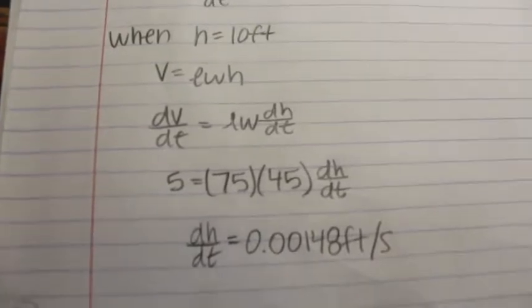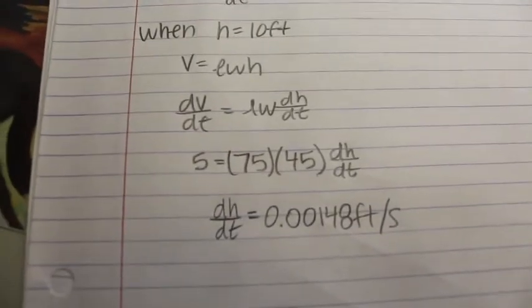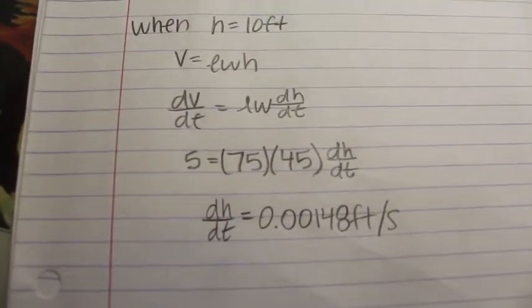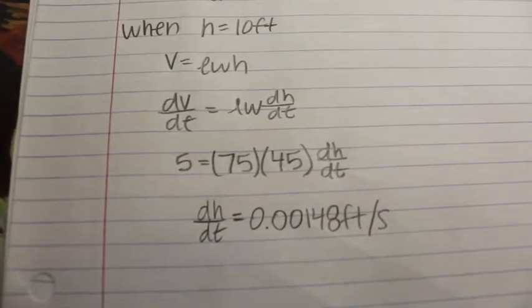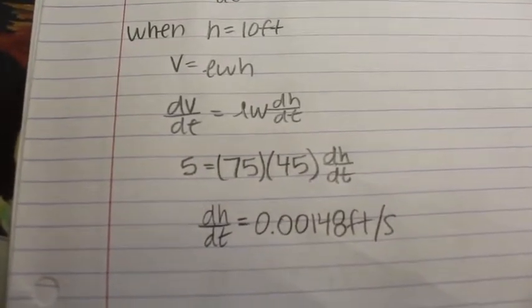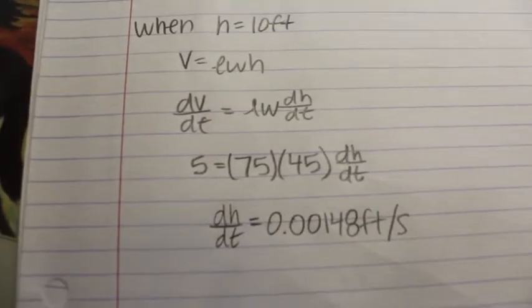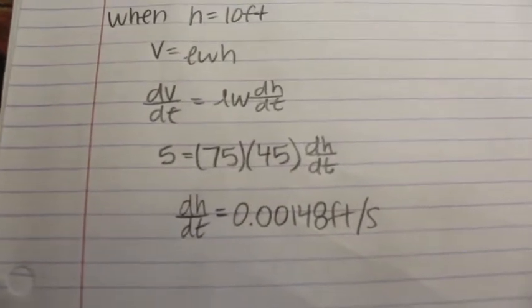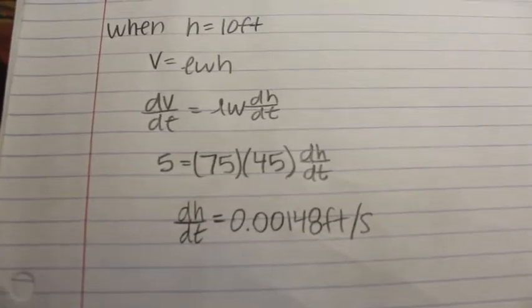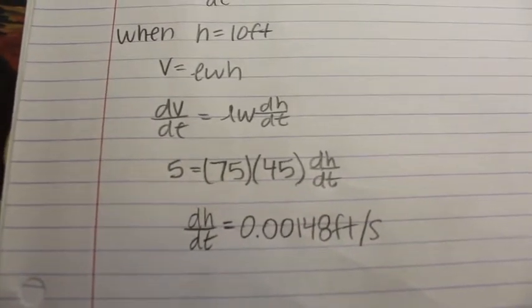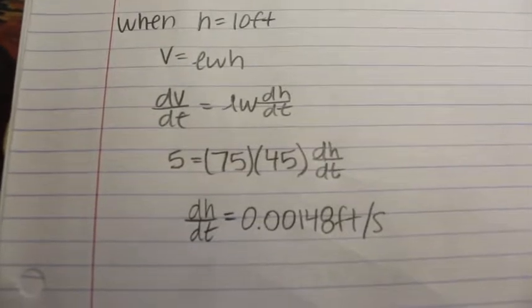When H equals 10 feet, it is in the section of the pool where there is a rectangular prism. Therefore, you do not need a ratio to solve this problem. Also, L and W are constants and do not change, so they do not need to be in a ratio.